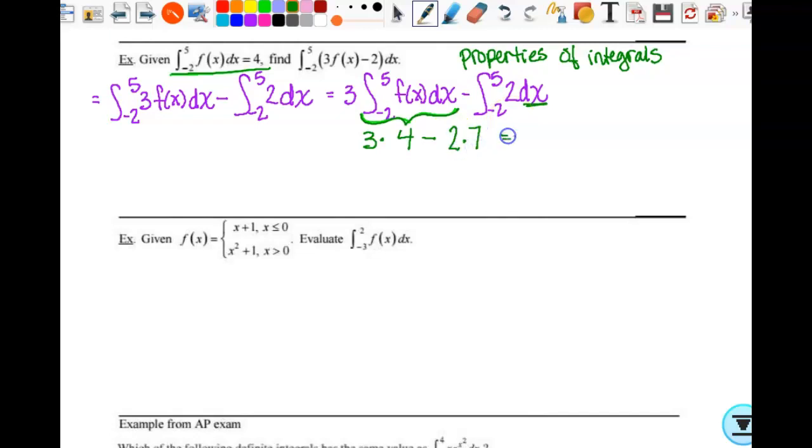So that gives me 12 minus 14, which is -2. How we doing? We good? Okay.